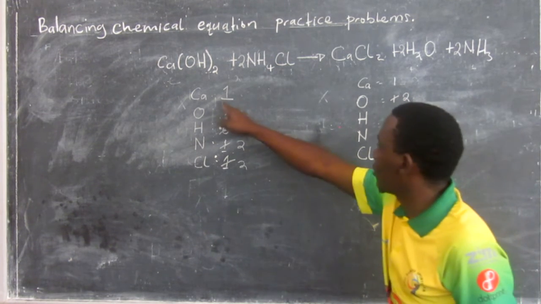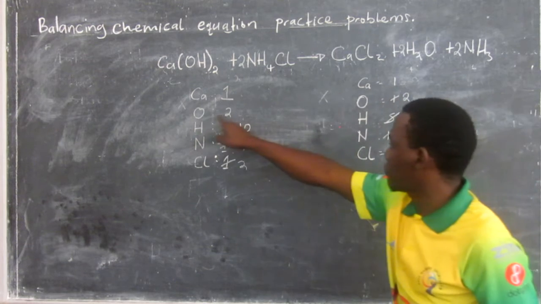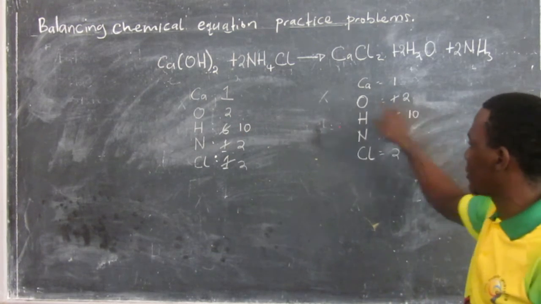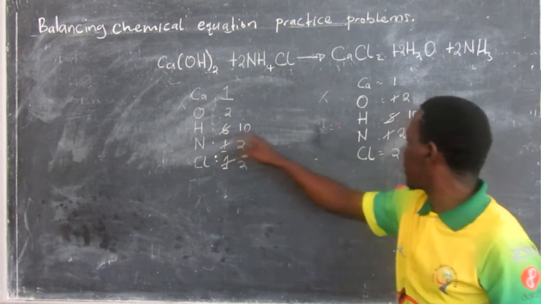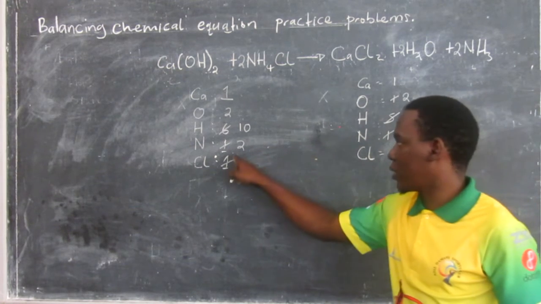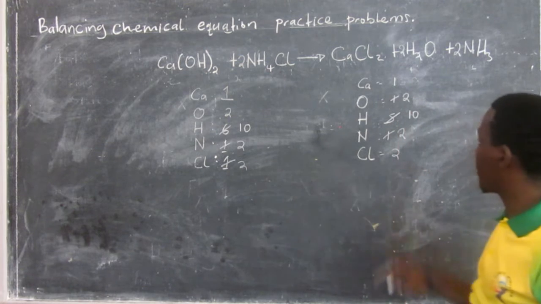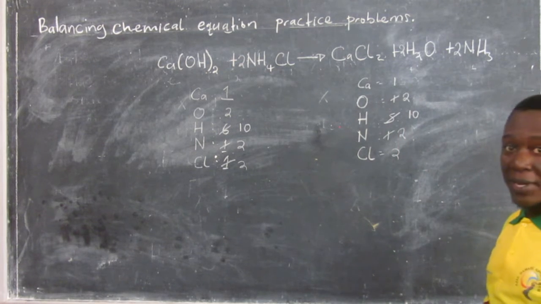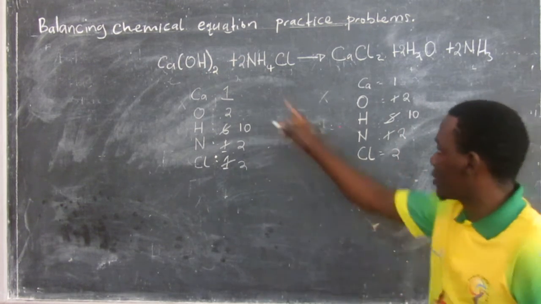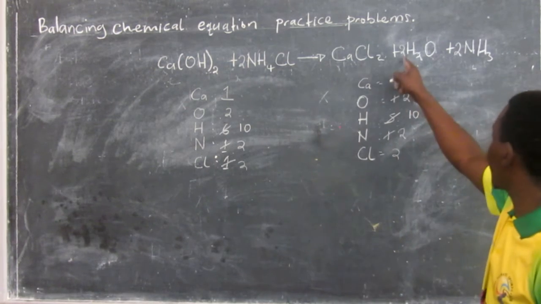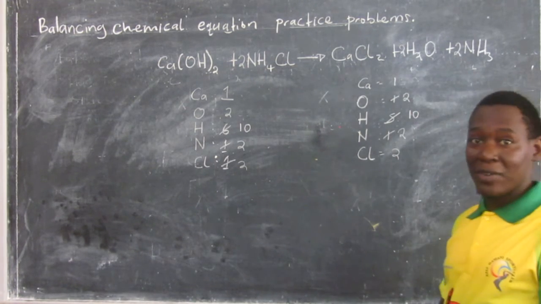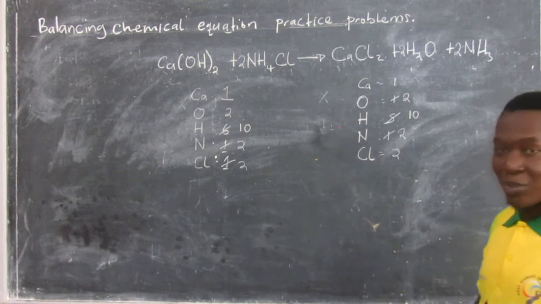Implying that we have 1 calcium, 2 oxygens, 10 hydrogens, 2 nitrogens, 2 chlorine. My equation is balanced. Meaning that I can balance this equation by putting a 2 here, and a 2 there.